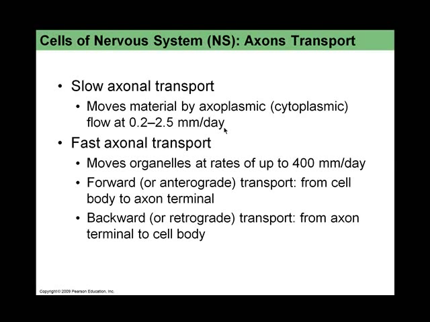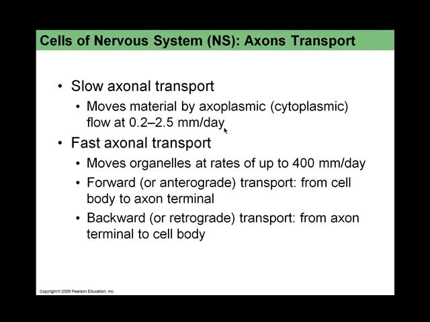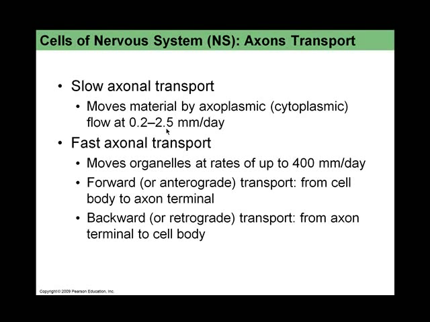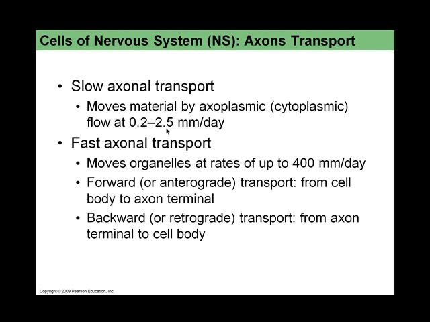So picture your 10 centimeter ruler and the single centimeter that is divided into millimeters, and 0.2 or 2.5 of those, that distance over a day, and how many of those are between your lower lumbar spinal cord at the bottom of your rib cage, all the way down to the bottom of your foot. So the cytoplasmic is pretty slow.